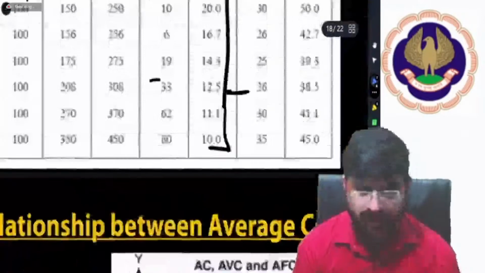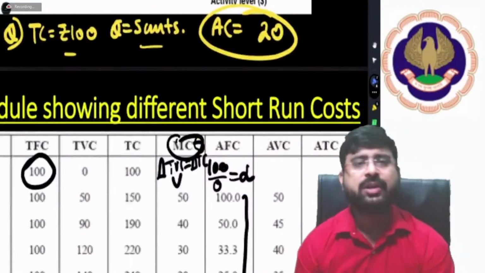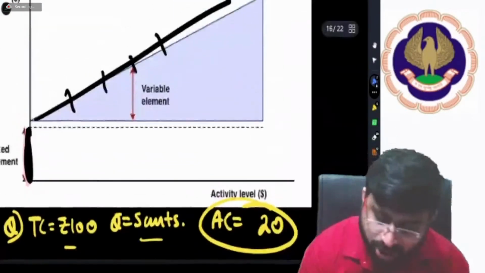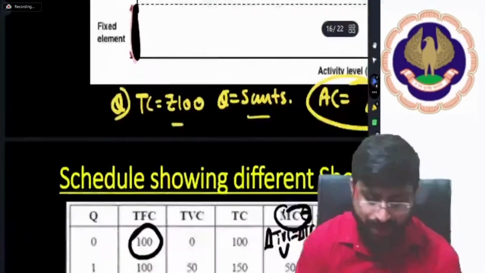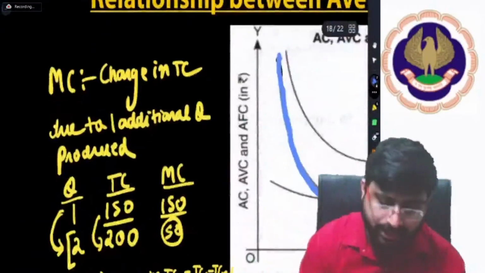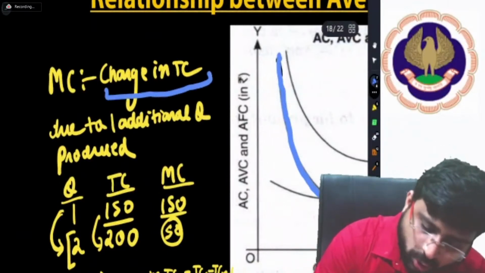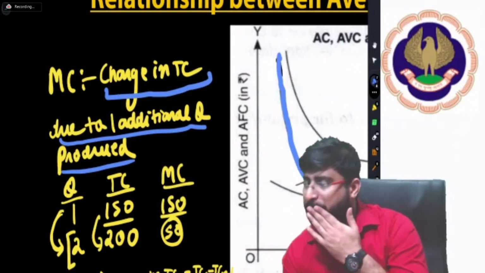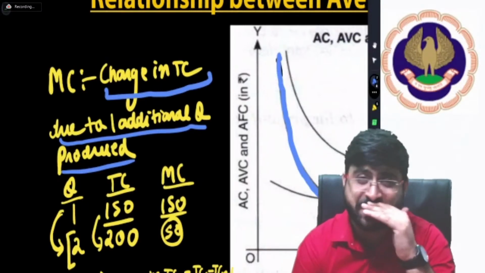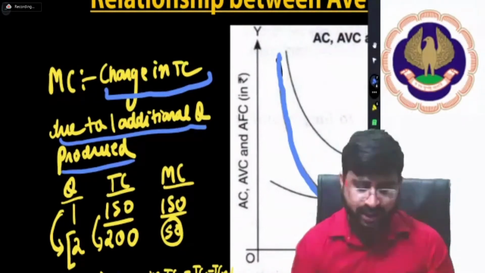All right. Sir, can you tell us now after AFC, how is marginal cost computed? Again, we have heard the word marginal. Remember, my dear friends, marginal is very simple. Marginal is the change in total cost due to one additional unit of output produced.